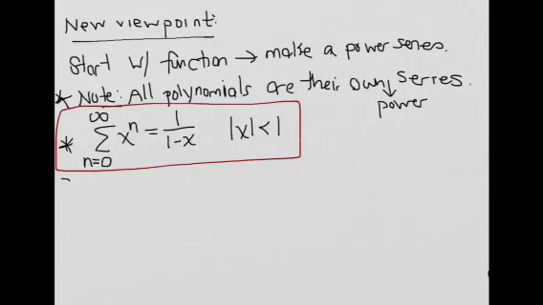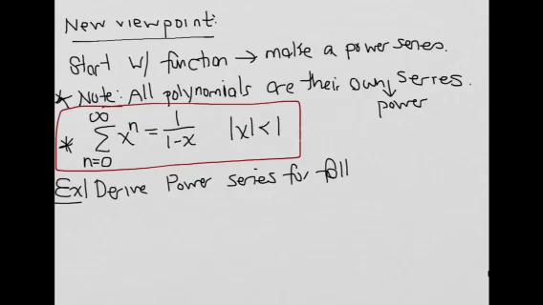So the examples are to derive power series for the following functions. The first one we're going to look at is 1 over 1 plus x. If you look, it is pretty close to 1 over 1 minus x. Our goal is to take this one that we know something about and try to convert it.